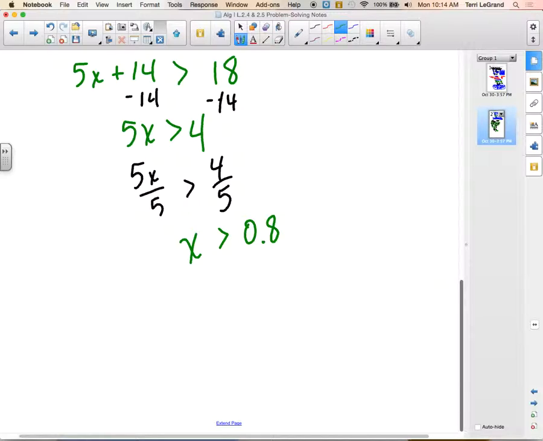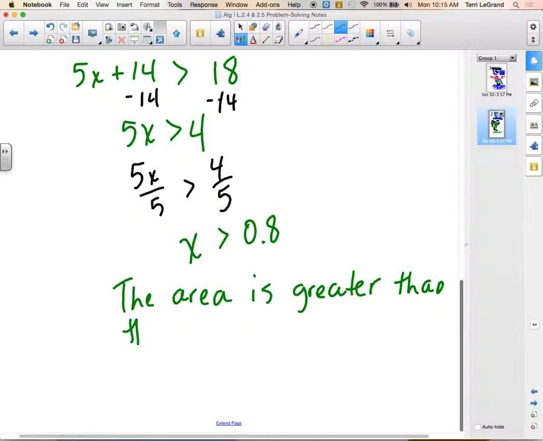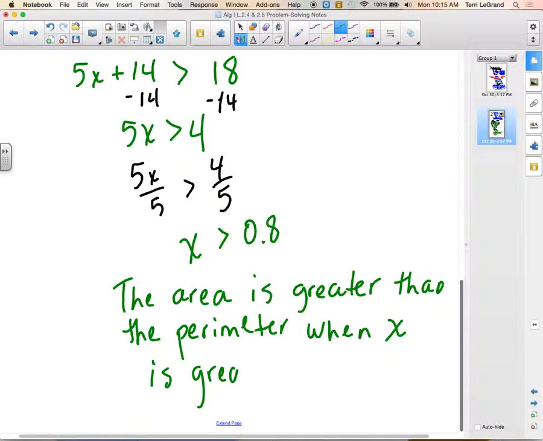Okay, let's answer this question first then. The area is greater than the perimeter when x is greater than 0.8.